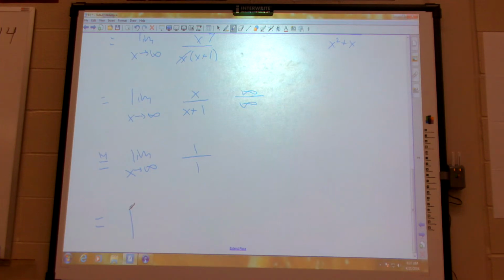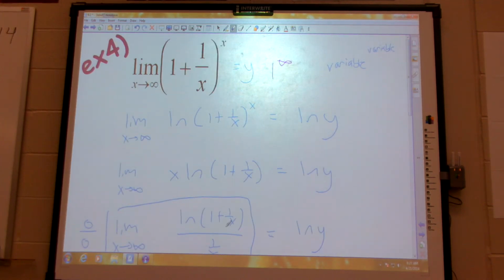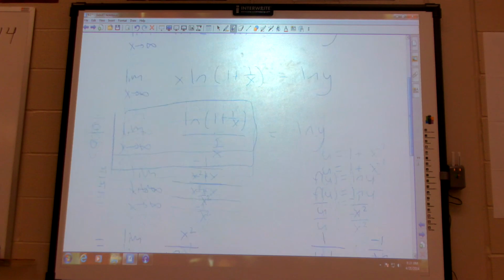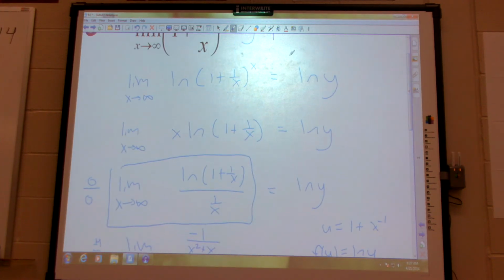Oh, some of you did already. That's not my answer. That was just the left-hand side of this problem, correct? It still equals natural log of y, and didn't we define y in the beginning to be the limit?